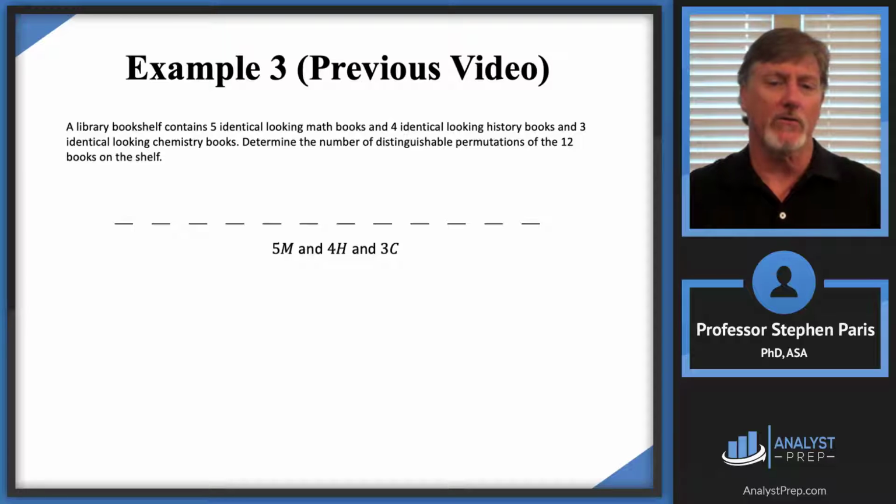We had 5 identical looking math books, and then 4 identical looking history books, and 3 identical looking chemistry books. And we talked about the number of distinguishable arrangements or distinguishable permutations of those books on a bookshelf, and we found that it was 12 factorial divided by the product of 5 factorial, 4 factorial, and 3 factorial. This is mathematically the same question, it's just a little bit different context.